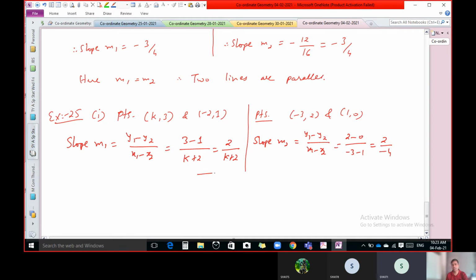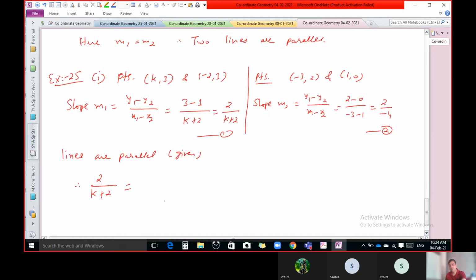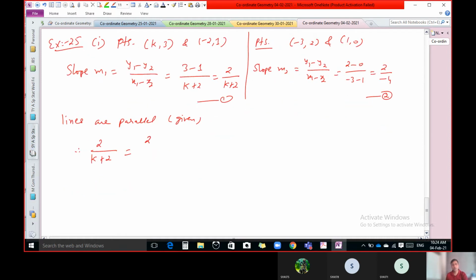Correct. So let us say this is our equation 1, this is equation 2. The lines are parallel. It is given in the question. Therefore, 2 upon k plus 2 is equal to 2 upon minus 4.